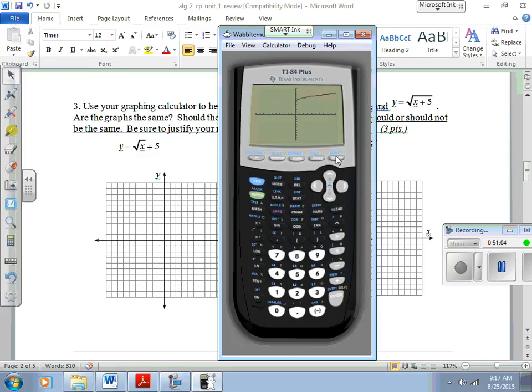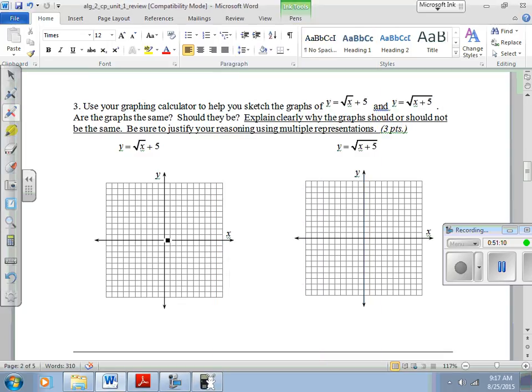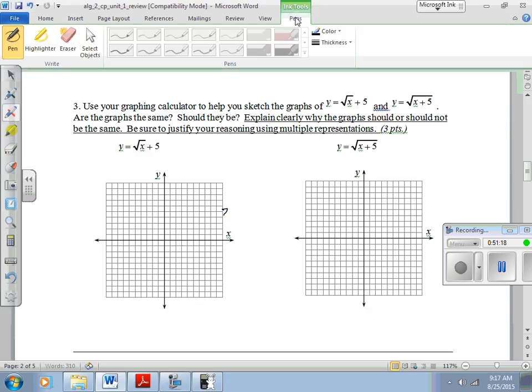Take a look at the parent function of y equals just square root of x. It's at the origin, right? Y equals square root of x is right over here. And this is the original y equals square root of x, okay?